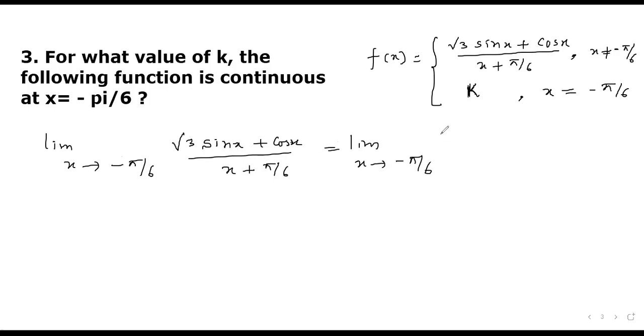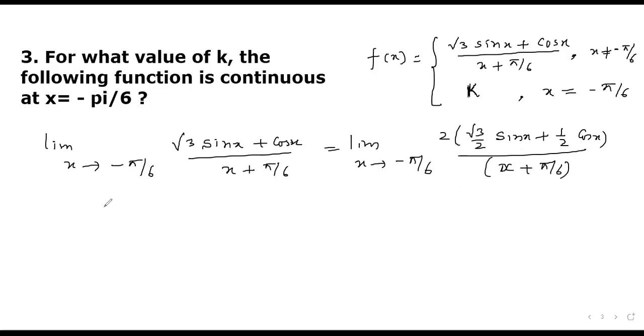What we do, we can multiply by 2 and divide by 2. So root 3 by 2 sine x plus 1 by 2 cos x divided by x plus pi by 6.